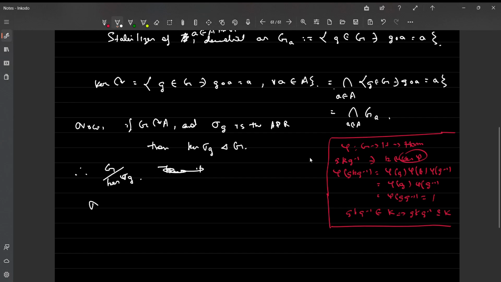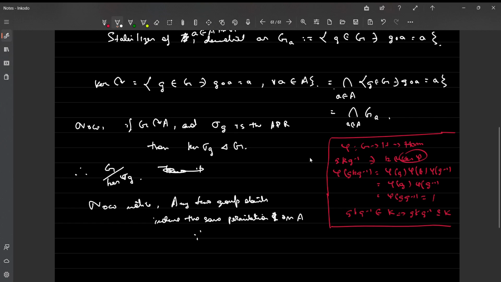Now notice one thing: if you consider any two group elements and they induce the same permutation on A, then what does that mean?